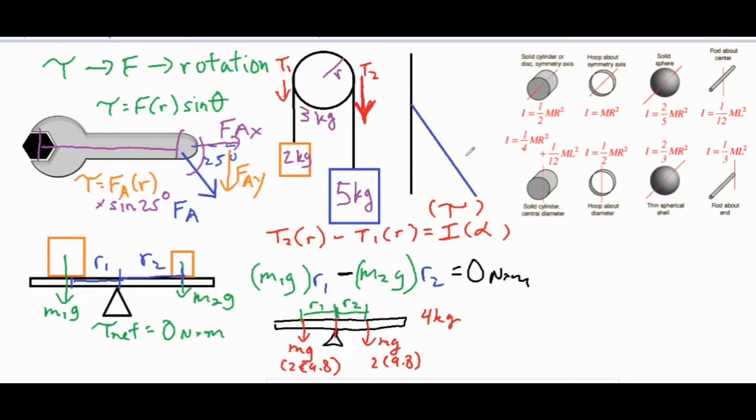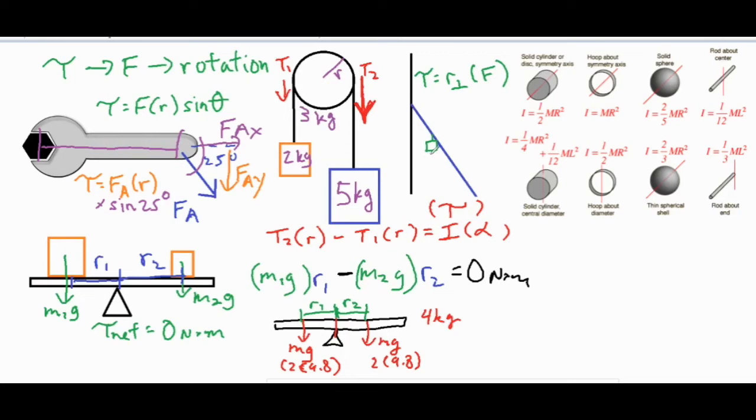All right, lastly, let's go ahead and take a look at this ladder or plank leaning against a wall. And we're going to analyze the final torque formula, which is torque equals the perpendicular radius times the force. Basically what that looks like is something like this. Say, for example, you have a bucket hanging on a ladder or a plank over here.